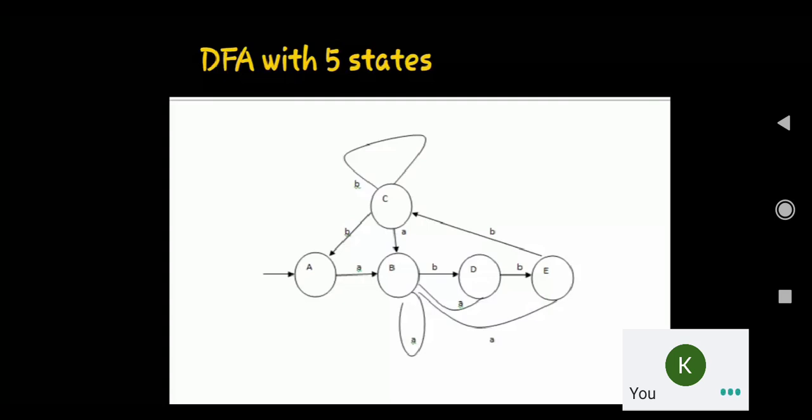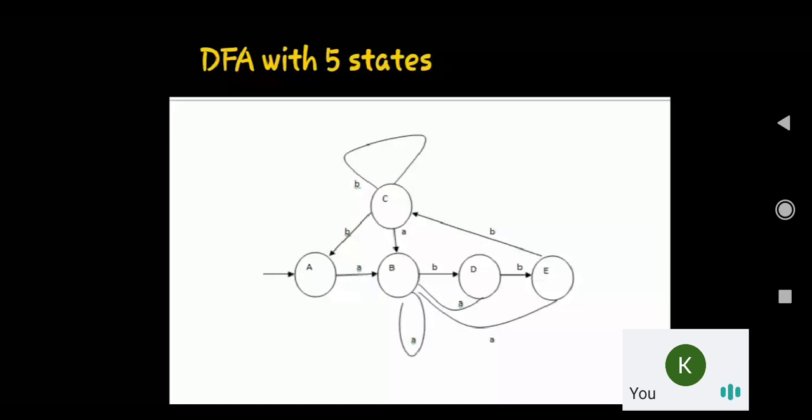Okay, and next moving to state D, it is receiving a single input and it is passing two outputs. The single input is from B to D, state B to state D, it is receiving b, and it is passing two outputs, small a and small b.